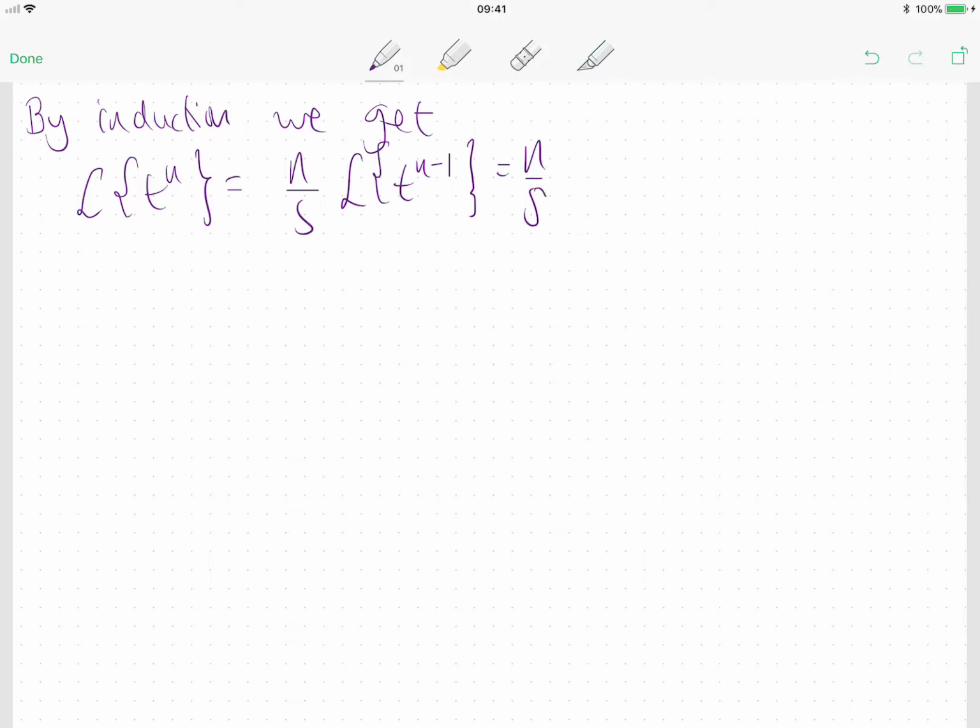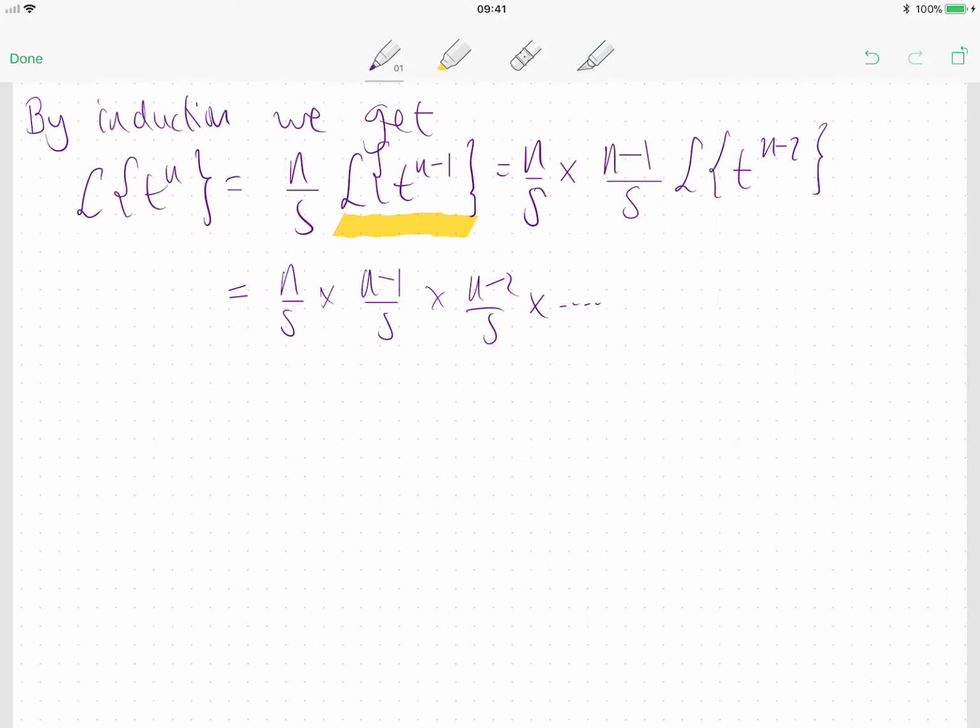Well, repeating the same idea for this part, we can see this is the same as whatever's in the power, divide by s, the power is n minus 1, and then reduce the power by 1. And we can just keep going, keep repeating this process. We have n over s, n minus 1 over s, n minus 2 over s, all the way down, and so on, which is the same as n factorial over s to the power n plus 1.